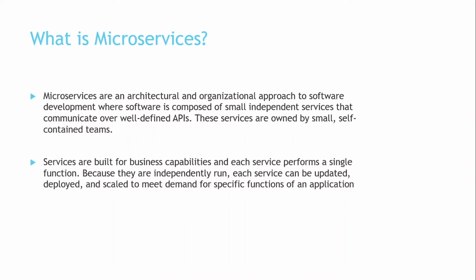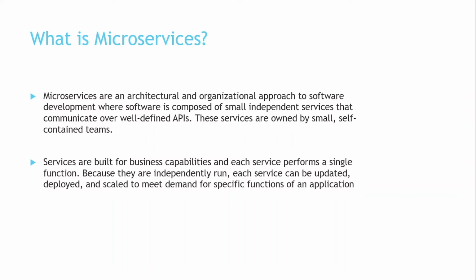In that we create functionalities as separate container services, and then we use them by using their APIs. So this is the approach in microservices, which solves many problems which we saw just now in the challenges of monolithic applications. Services are built for business capabilities, and each service performs a single function.